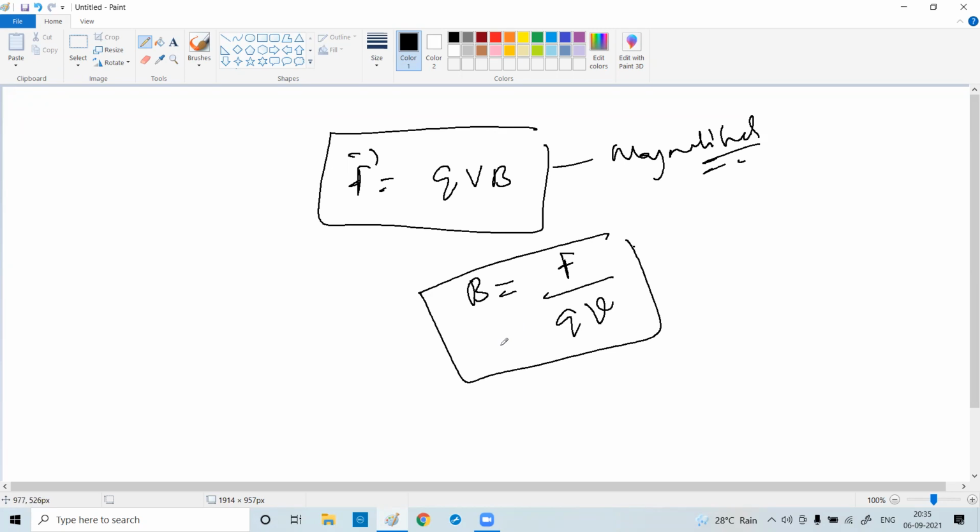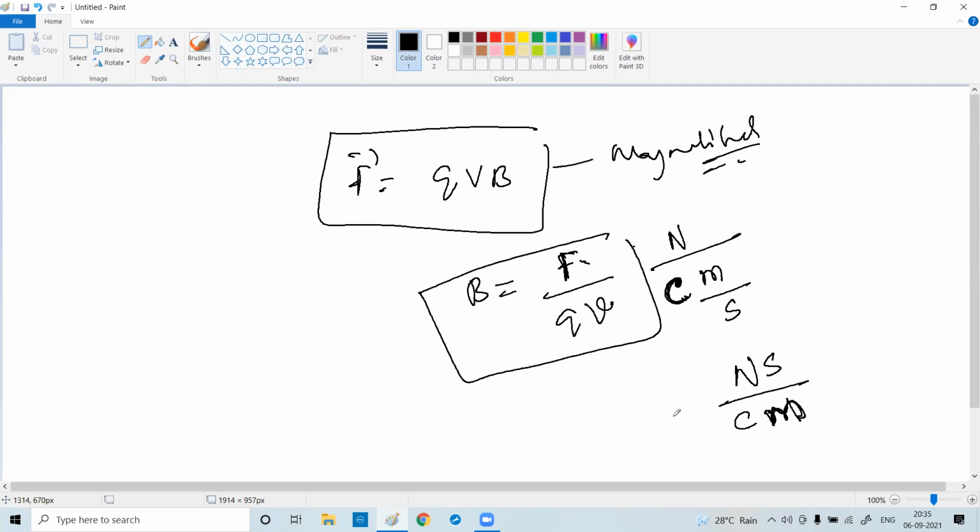What is the SI unit of force? Newton. Of q? Coulomb. And velocity? Meter per second. So second will go up: Newton per coulomb meter per second. Clear?